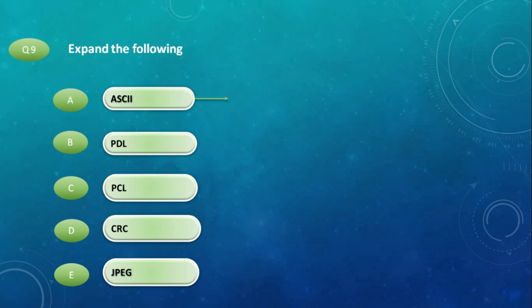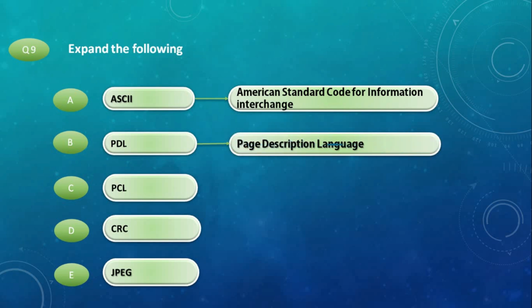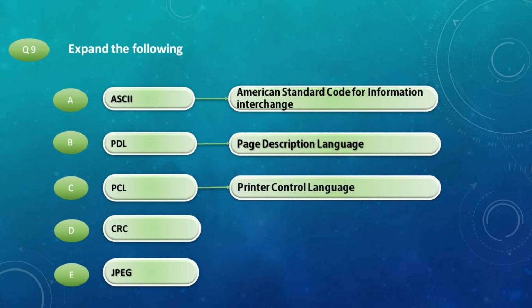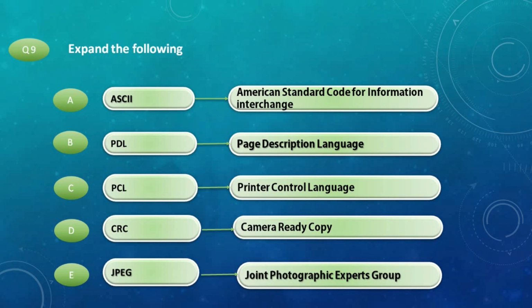So ASCII stands for American Standard Code for Information Interchange. PDL for Page Description Language. PCL, Printer Control Language. CRC, Camera Ready Copy. JPEG, Joint Photographic Experts Group.